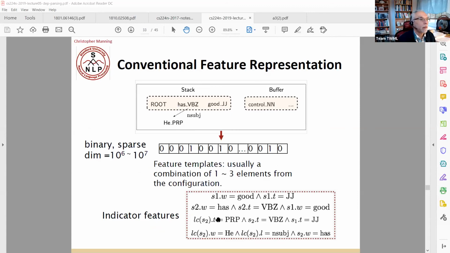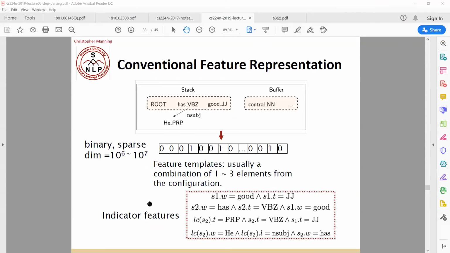Let's see, conventional feature representation. Root, upper stack feature. A slide showing how it was done previously, because you had to include all kinds of features in order to come to the decision on how you would parse. And this was historically how it was done. So it was an expert system rather than machine learning. Yeah, exactly.